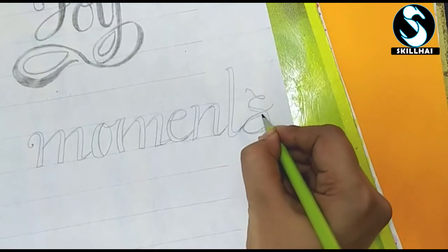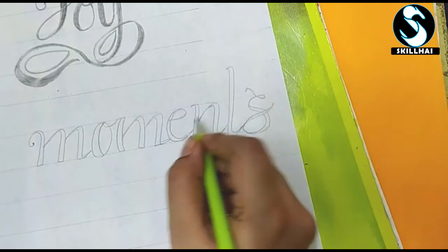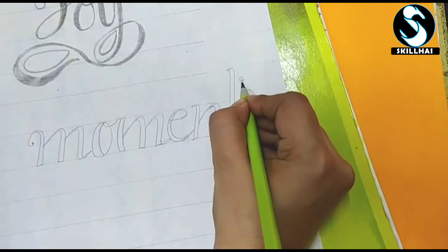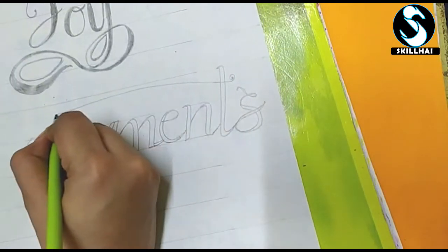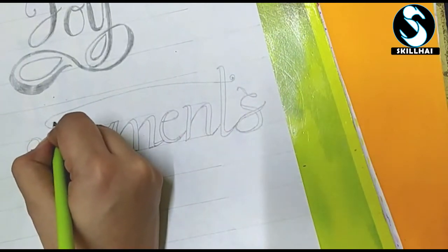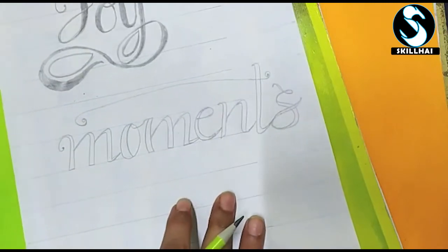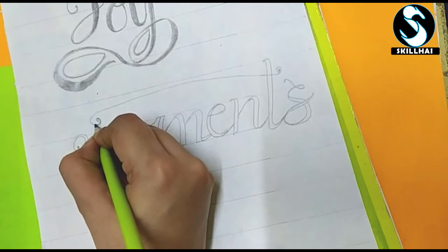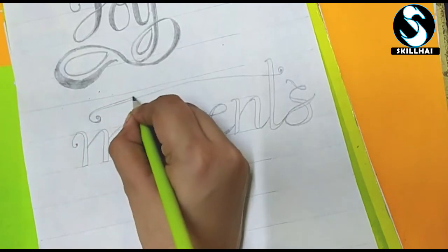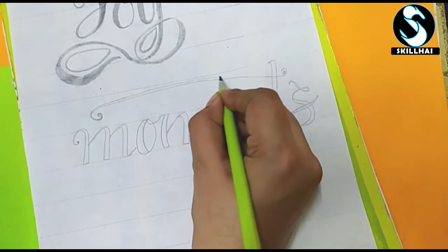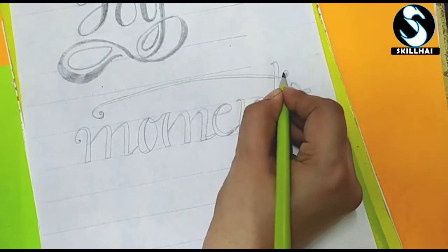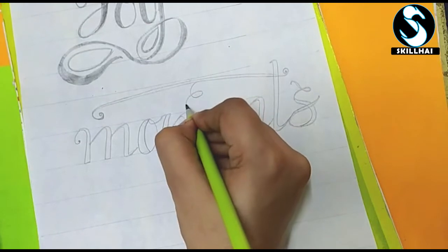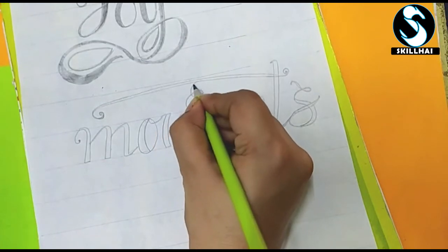In the last videos you will see all the basic words, all the ascending and descending letters, so you'll know how to make them. In this video I'm telling how to flourish your words. I'm just beautifying our text, our flourishing letters, and some loops I am making.